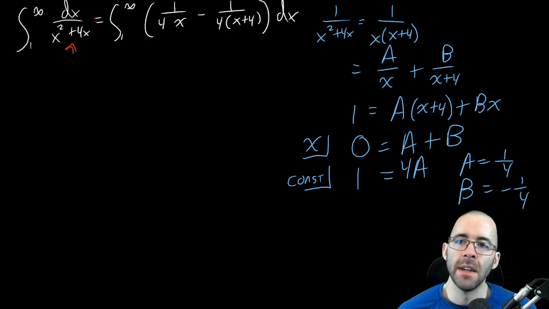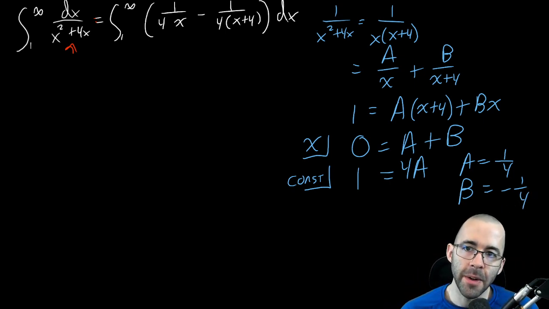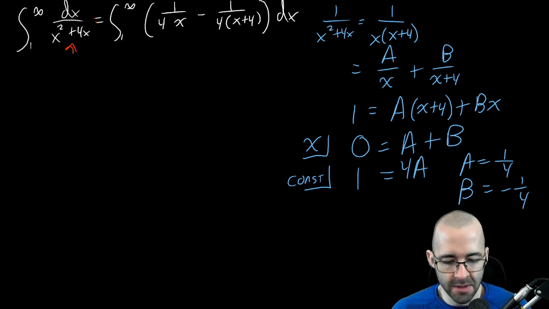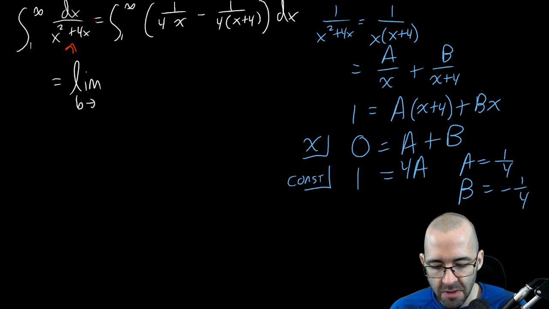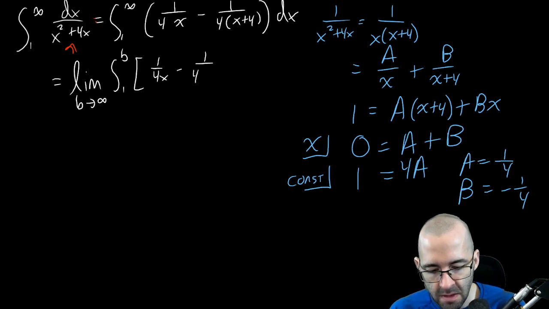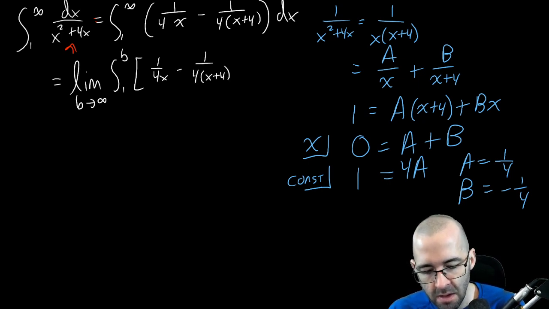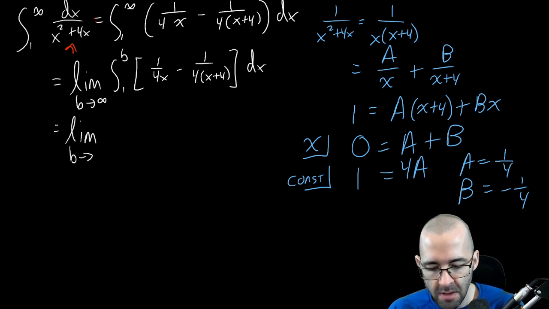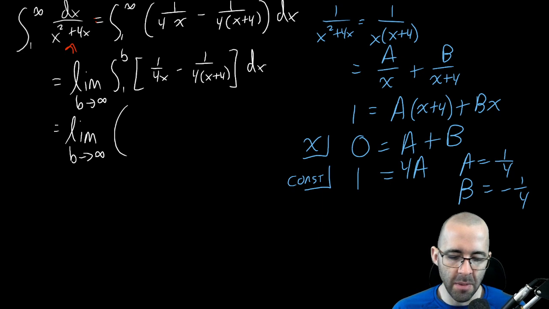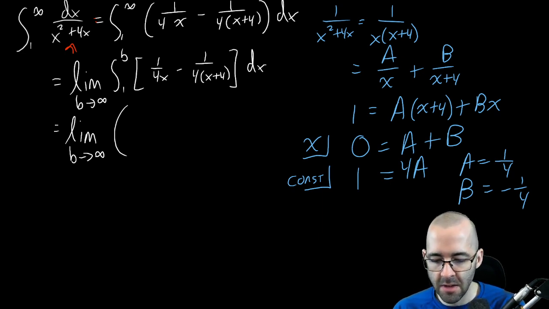All right. And now what we can do is use limits, improper integrals. This is the limit as b goes to infinity of the integral from 1 to b of the same guy. Take the antiderivative. Be very, very careful here. This is 1/4 x to the -1.